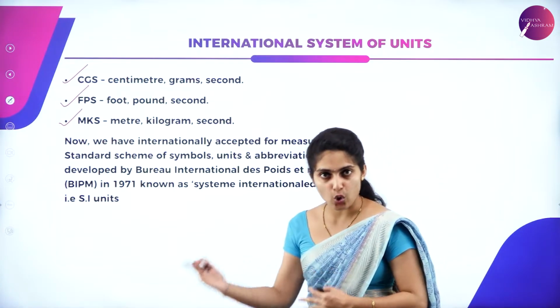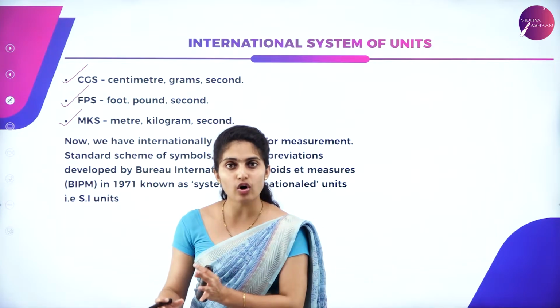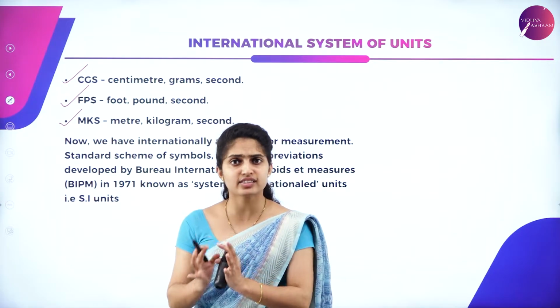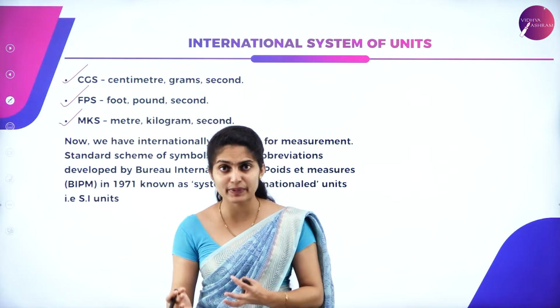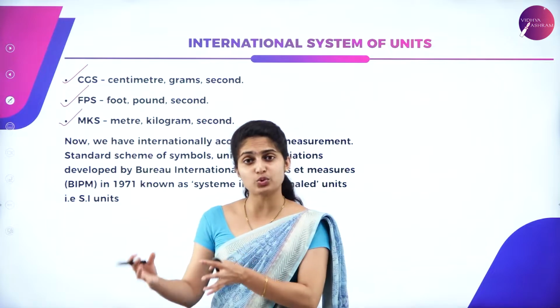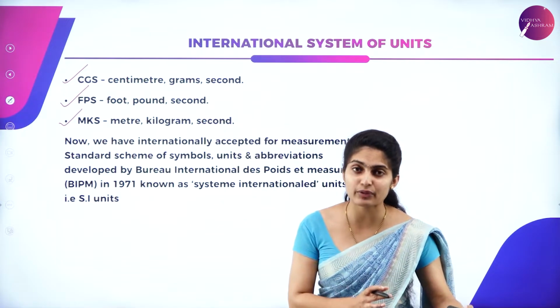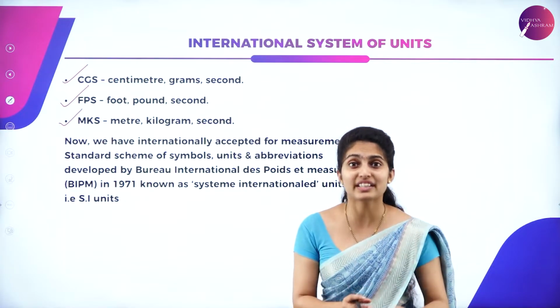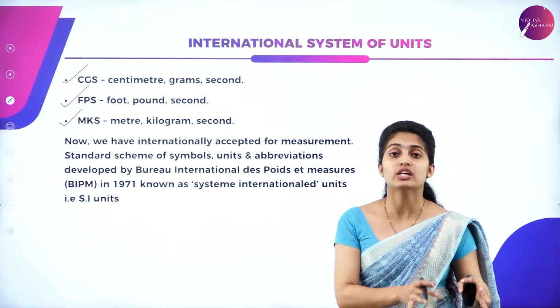As days passed, what happened was, people of one country or continent, whichever system of units they were using, would prove certain experiments, and when they discussed them with other countries, the other countries found it tough because of the conversion from CGS to their own units.